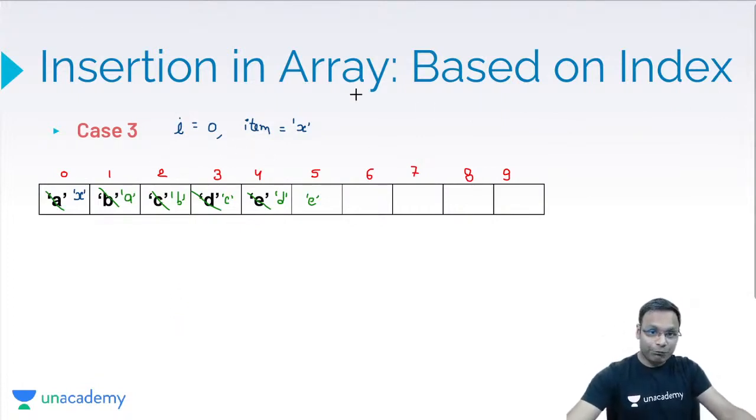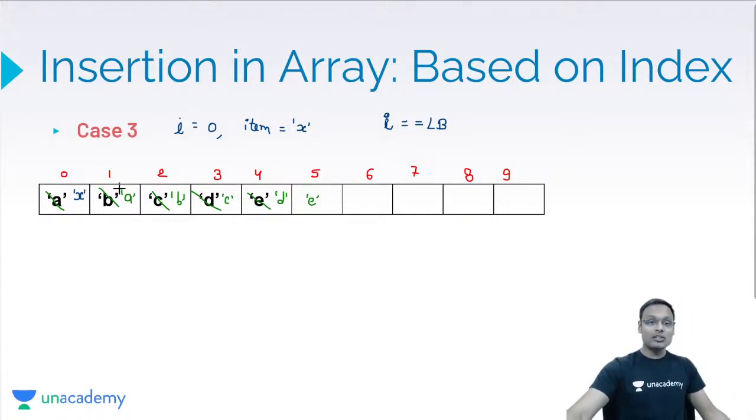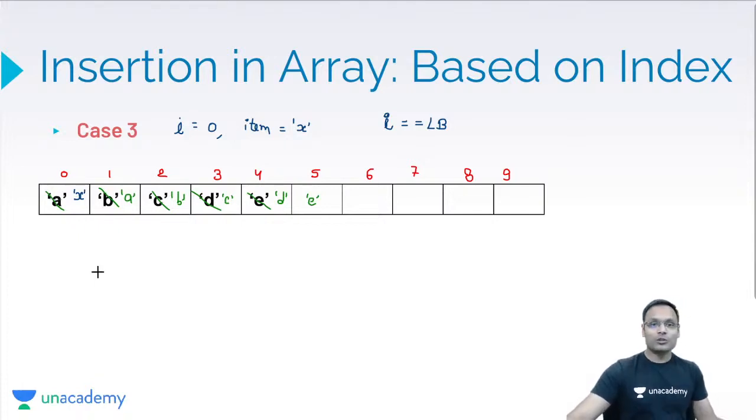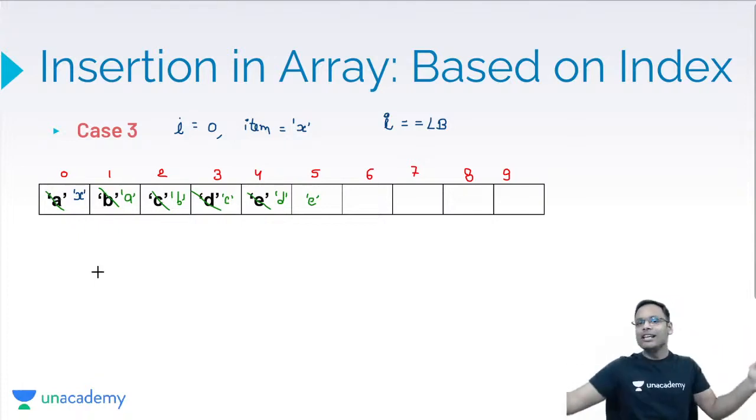If I is the smallest possible value, the lower bound, in that particular case I'll have to shift all the elements. Look at this: A shifted, B shifted, C shifted, D shifted, E shifted. After that you can insert the element. Why? Just because I had to insert the new element at the very first position, so I'll have to shift all the elements.